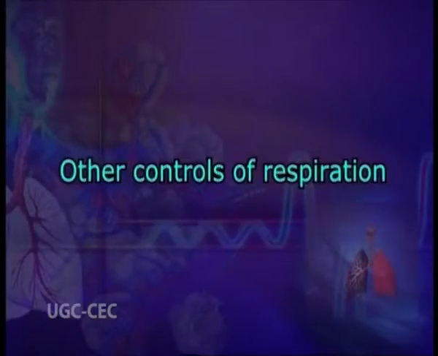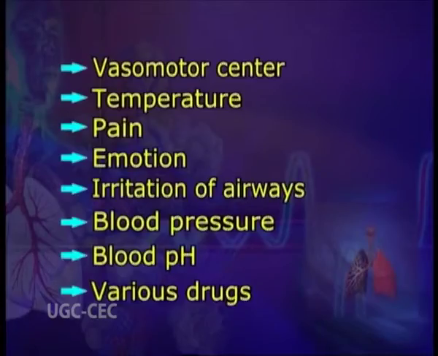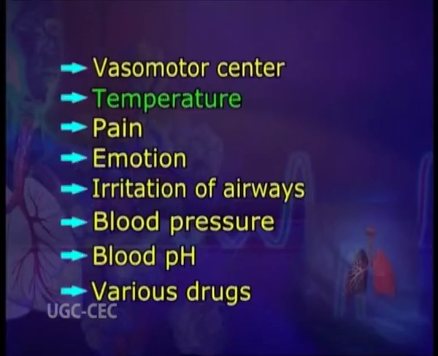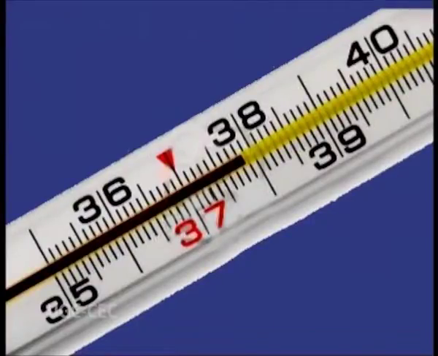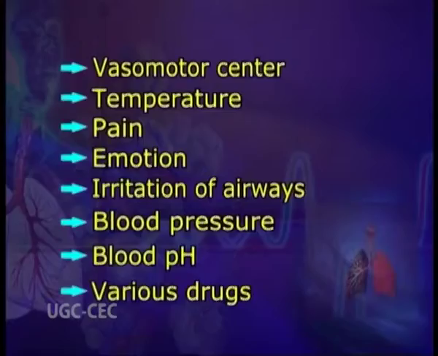Other controls of respiration. There are other factors that also help to regulate respiration, like the vasomotor center. The vasomotor center is primarily responsible for cardiovascular management, but also stimulates breathing, for example, air hunger in surgically shocked patients. Temperature. An increase in body temperature increases respiratory rate, for example, fever.